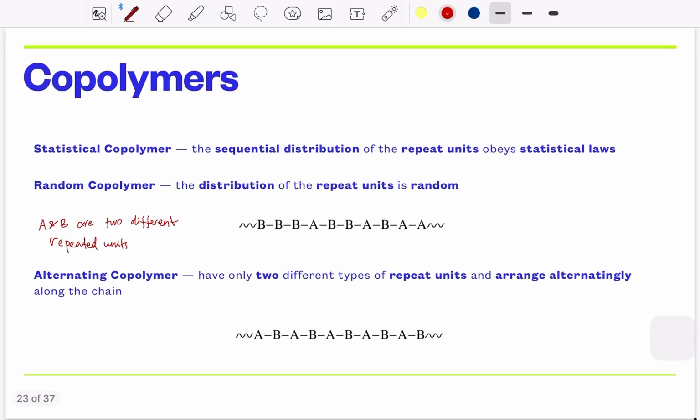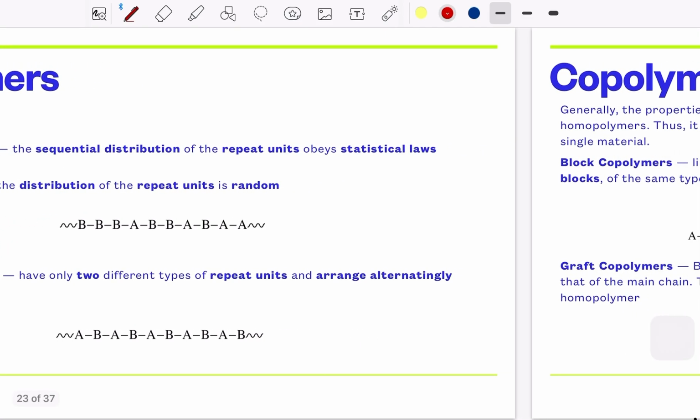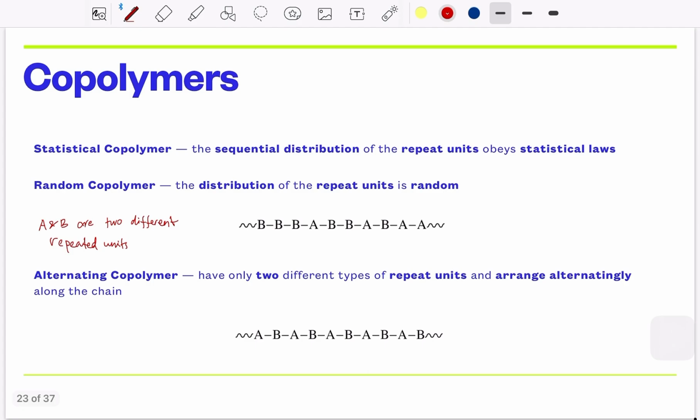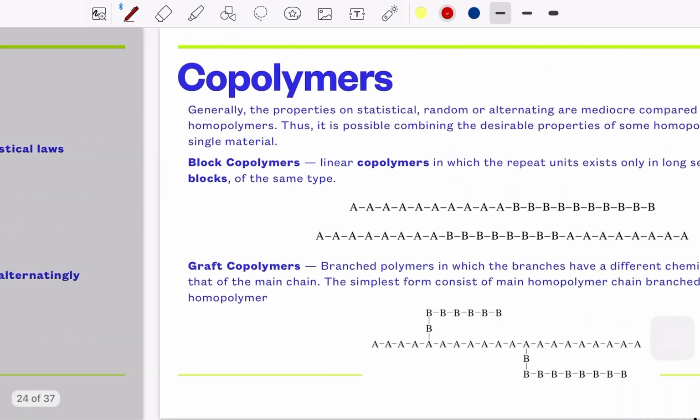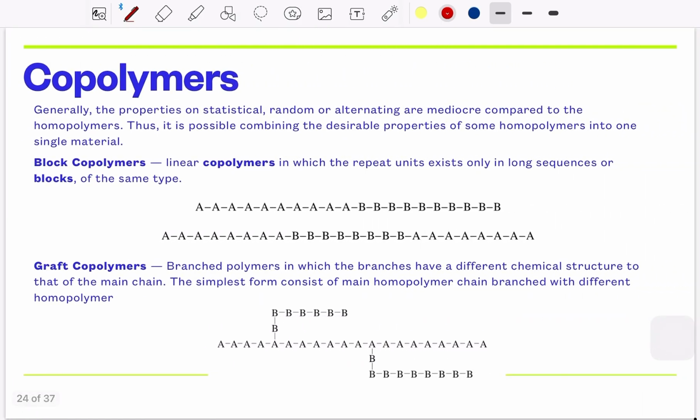And then usually if we know how the polymer's structure is, how the repeat units behave, we could write with the statistical, random, or alternating copolymer. Later I will show you. But we have here first the block copolymers and graft copolymers.